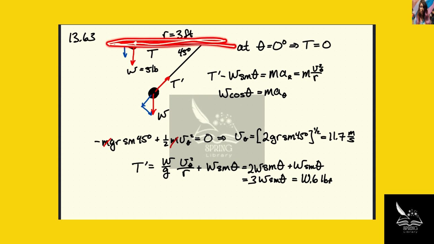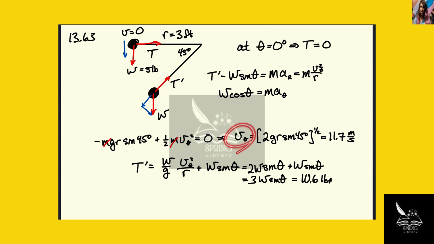I should make sure to write this down: the velocity is 0 here, so it's released from rest. We had 0 energy here since we use this as our potential energy datum, so the potential energy plus the kinetic energy has to be 0 at all points on this path.